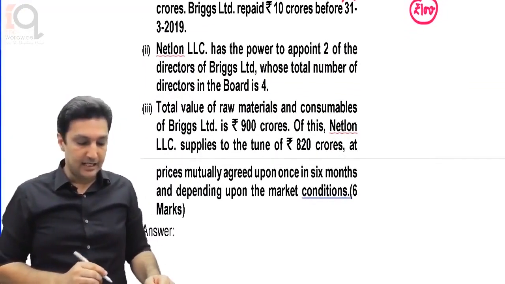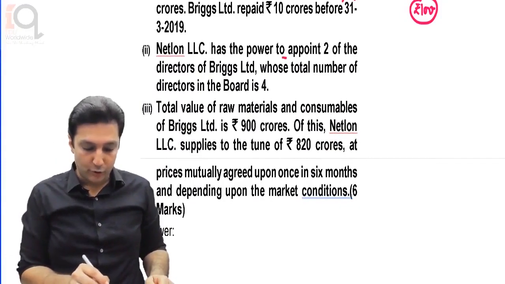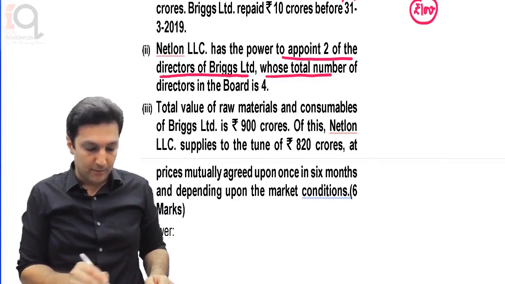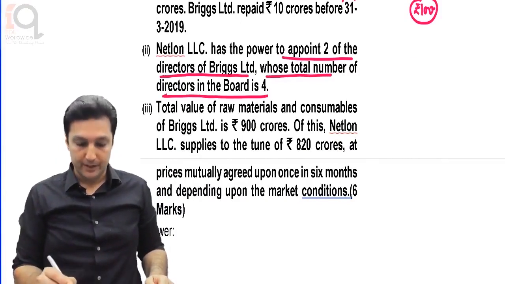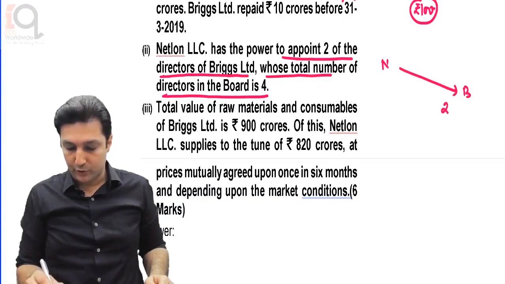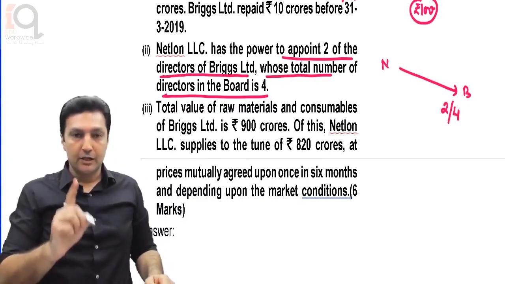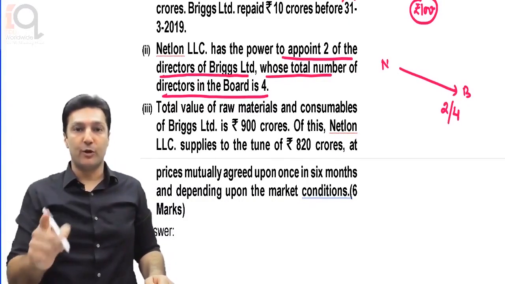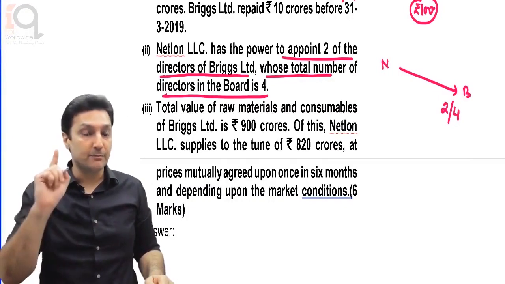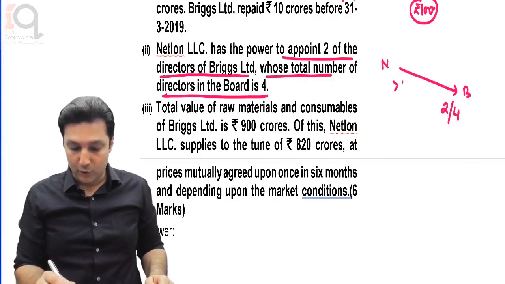Then he says Nelton LLC has the power to appoint 2 out of the directors of Briggs, whose total number of directors in the board is 4. So Nelton and Briggs, he has the power to appoint 2 out of 4. Well, the first point over here is the power to appoint, till the time exercised, will not amount to associated enterprises. Plus, the condition was more than half.